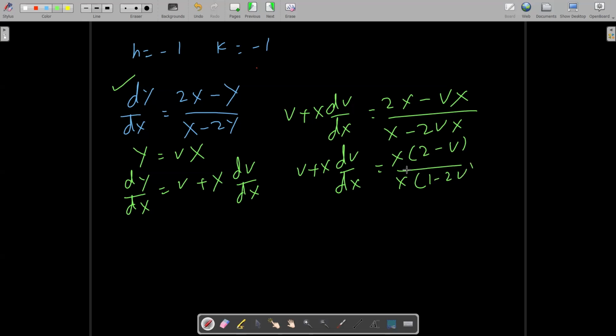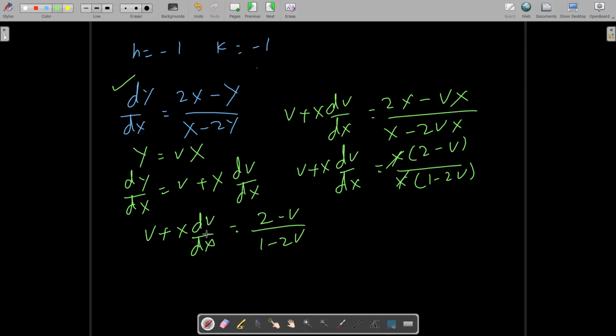We cancel off x. It's going to be v plus x dv over dx equals 2 minus v over 1 minus 2v. Now this is our differential equation in terms of x and v.